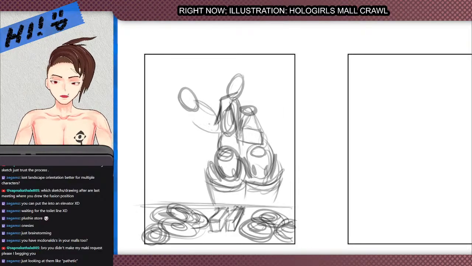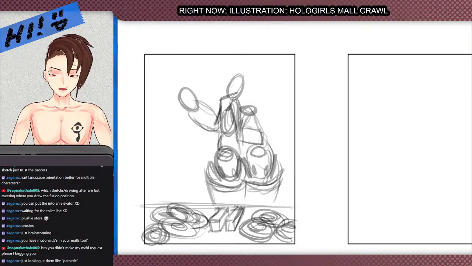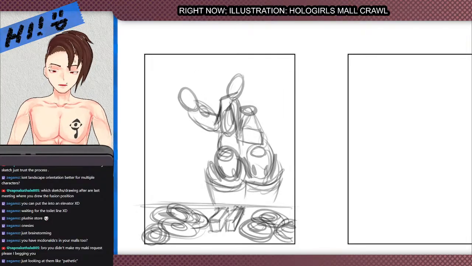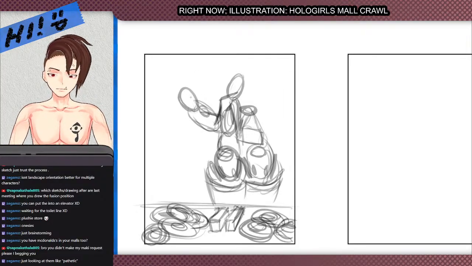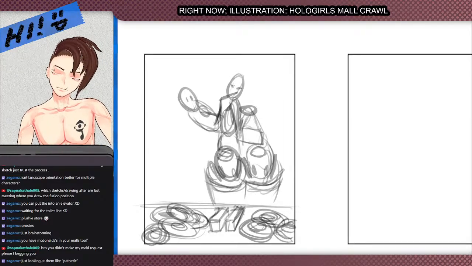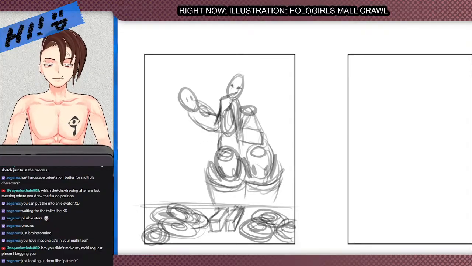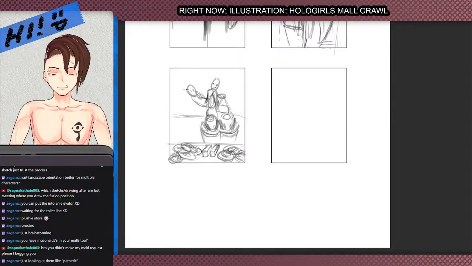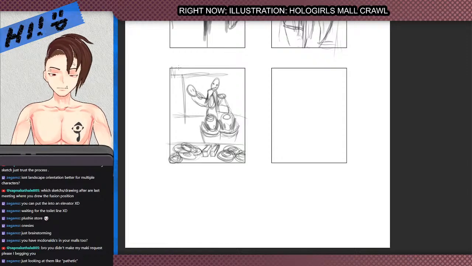And another one that was just walking next to her, with arms behind her back, looking here. And there would be a store here.